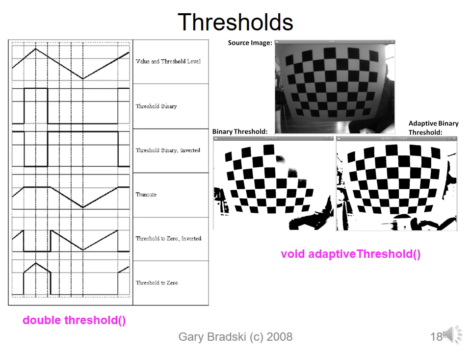With binary thresholding, we can get this image, but there is some error over here. That's because this area can be black or it can be white. So by applying adaptive binary threshold, we can get the whole checkerboard image over here.